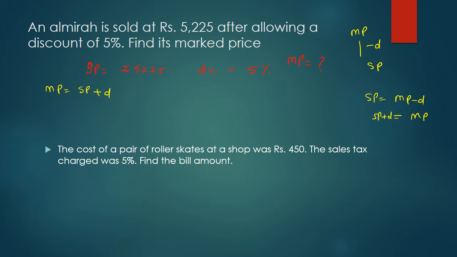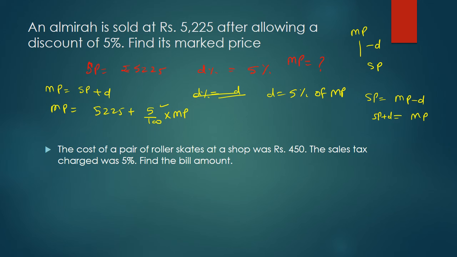But now what is discount? Discount percent is discount on MP, right? So the discount will be 5% of MP. You don't know what MP is, but MP is here: selling price is 5225 plus discount, which is 5% of MP. Correct?